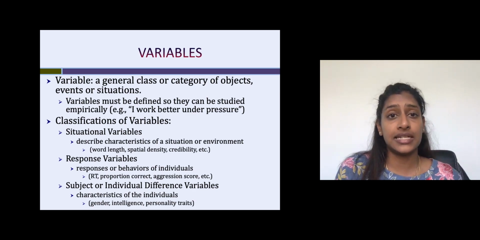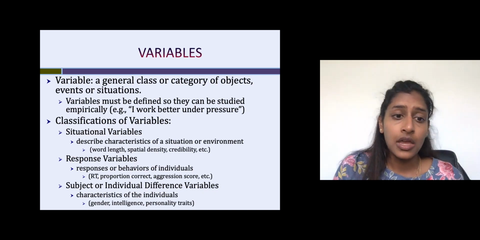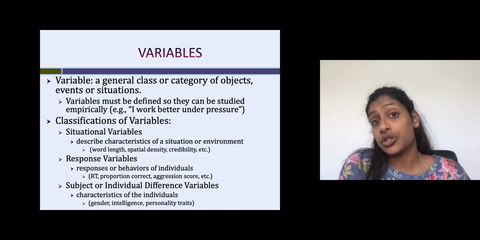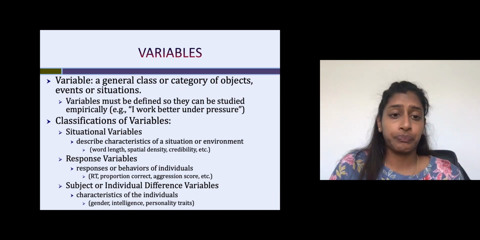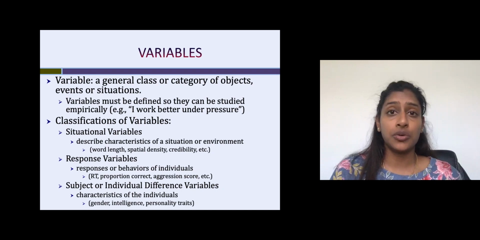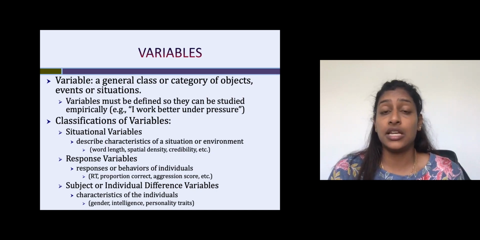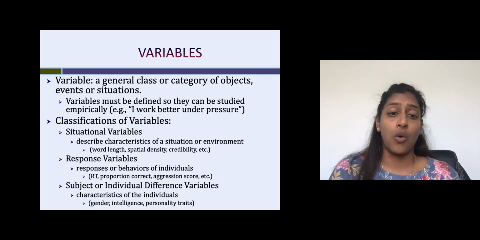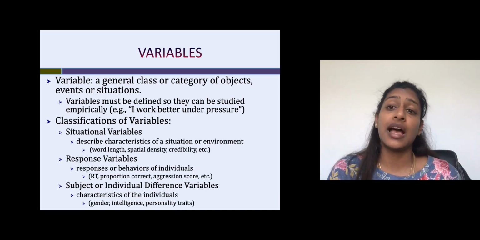And this can be related to things like reaction time, the proportion of correct responses, aggression scores, for example. And then we also have subject or individual difference variables. These are characteristics that are going to be different based on each individual person. So this could be gender or intelligence or personality traits.